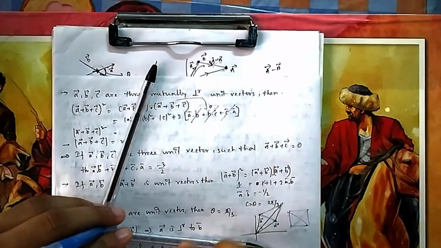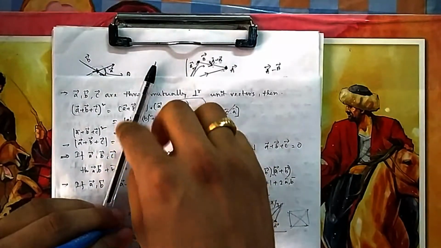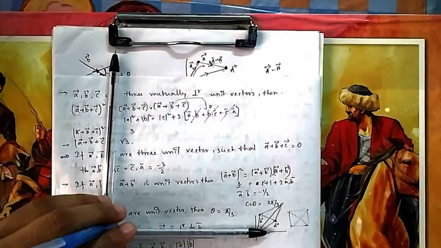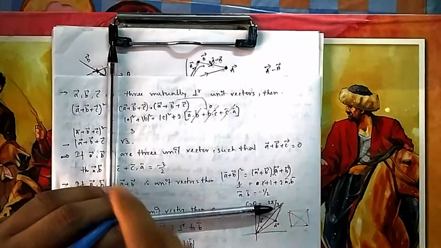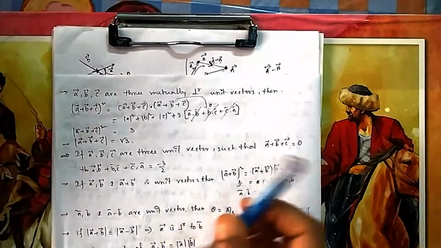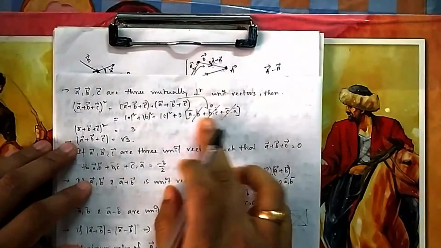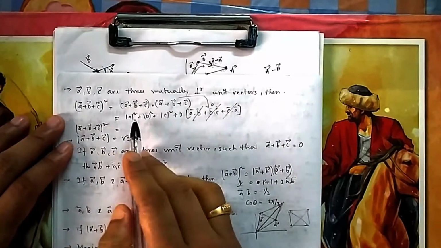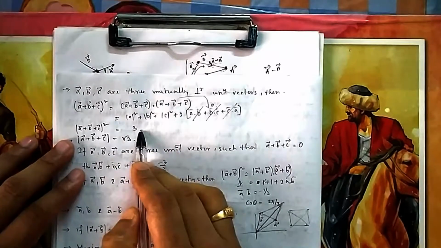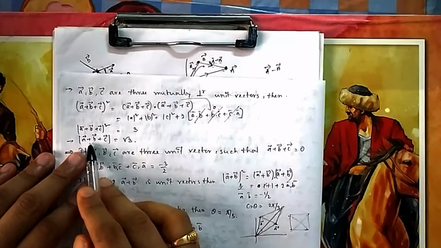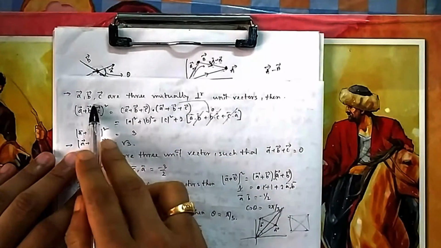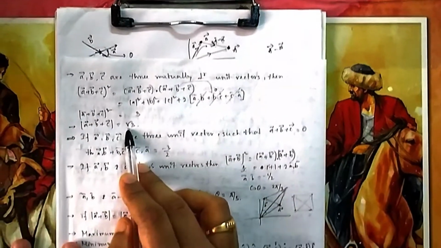You can see these are perpendicular, these are perpendicular, these are also perpendicular. So all dot products are 0. Because these are unit vectors, you get 1 + 1 + 1 = 3. That means the magnitude of a + b + c is root 3 if they are mutually perpendicular.